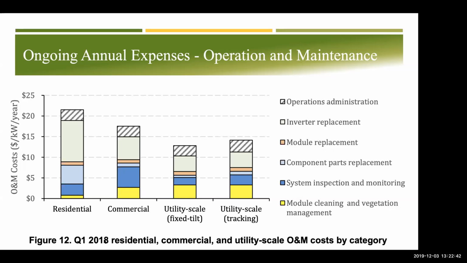but it is something that needs addressed. As you look at a commercial system here, and this is color coded, you can see module cleaning, system inspection, and monitoring is a big part of it. That's not replacing a physical component though. If we think about the components, the modules are very minimal, but we do see a fair amount of money allocated towards inverter replacement.